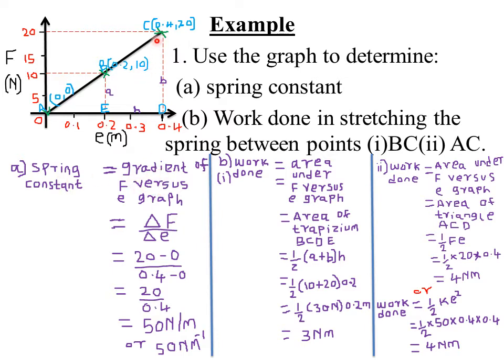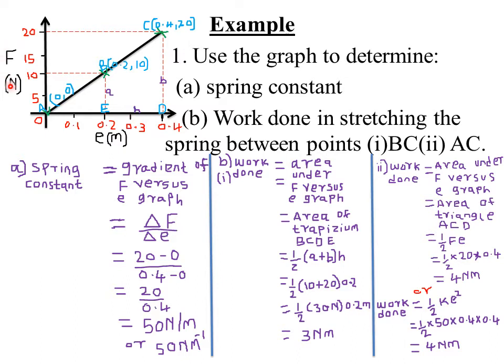So we are saying that the spring constant will be equal to the gradient of the force versus extension graph. Now for us to find the gradient of this graph, we need to identify 2 points. Remember, mathematically we did say that the gradient, if this was the y-axis and this is the x-axis, will be equal to the change in y over change in x.